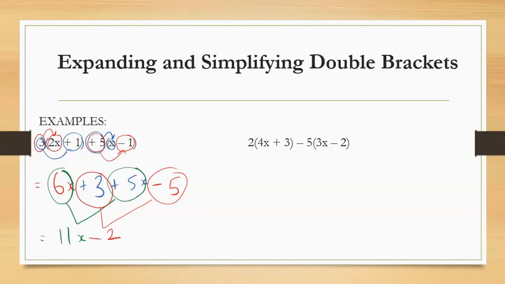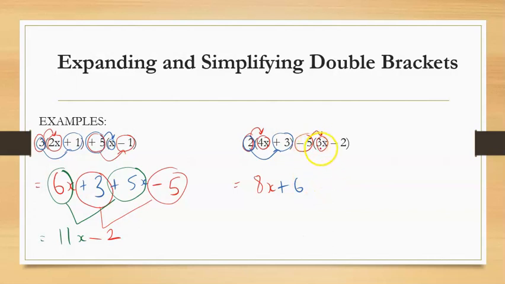Moving on to the next example, we've got 2 multiplied by 4x, which will give you 8x. And 2 multiplied by positive 3, so 2 3s are 6. They're both positive, so that becomes a positive. And you've got a negative 5 multiplied by 3x. So let's just do the multiplication.